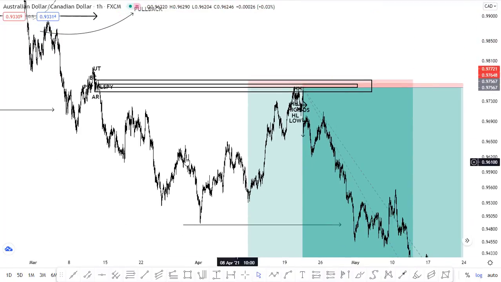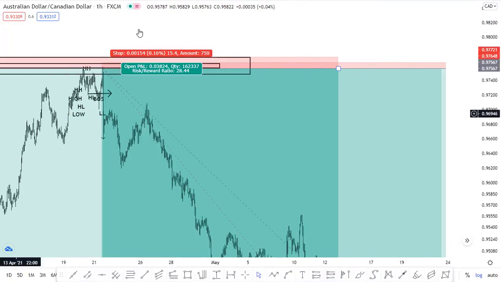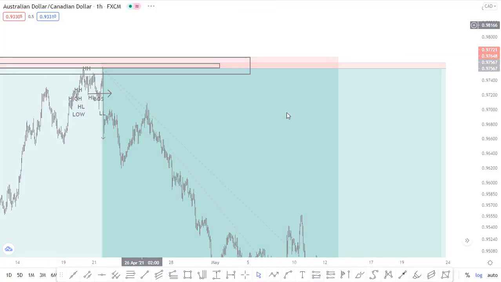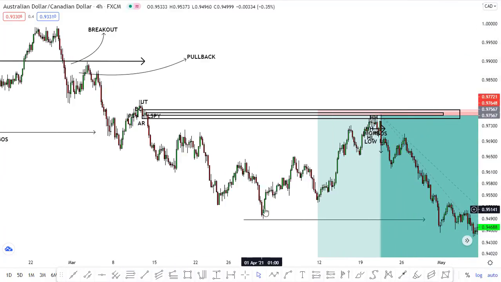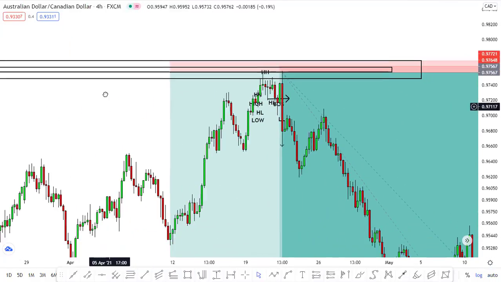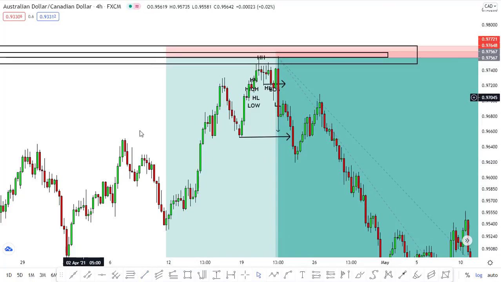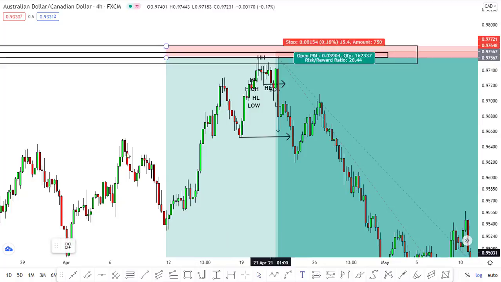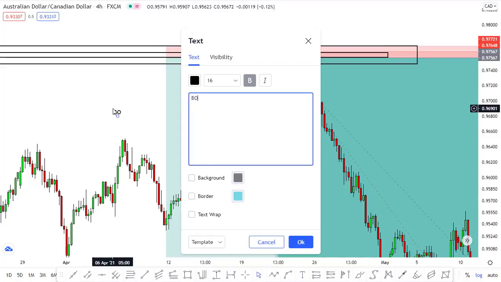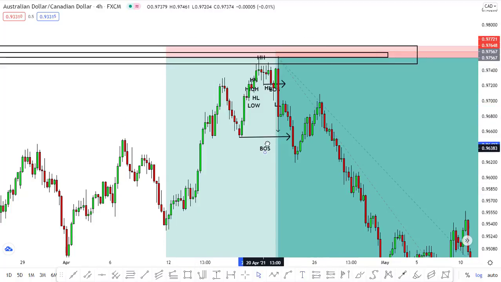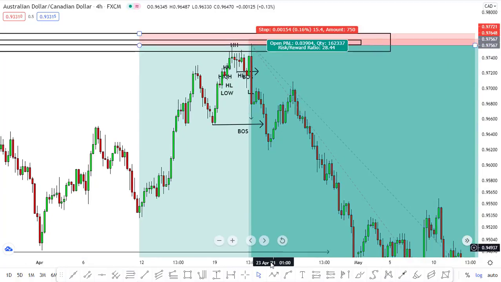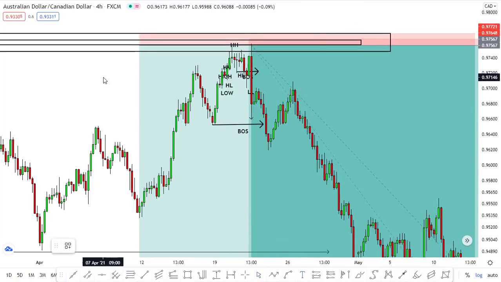What happened after that? If you go to a higher time frame, we can see that we had another break of structure, which told me that you can stay in your trade right here. And from here we can use the market structure too.